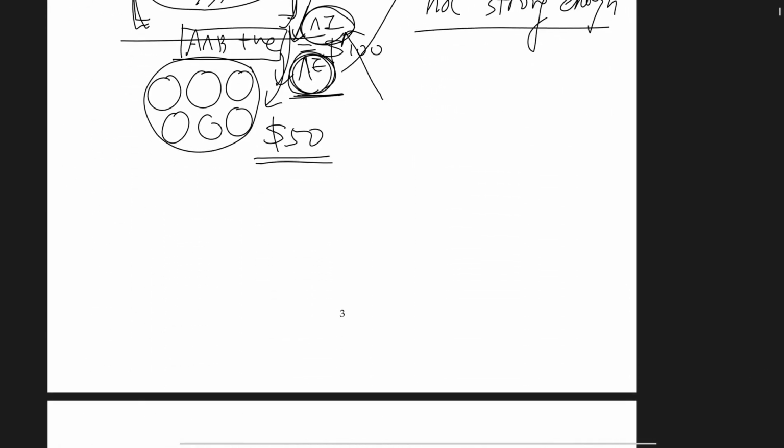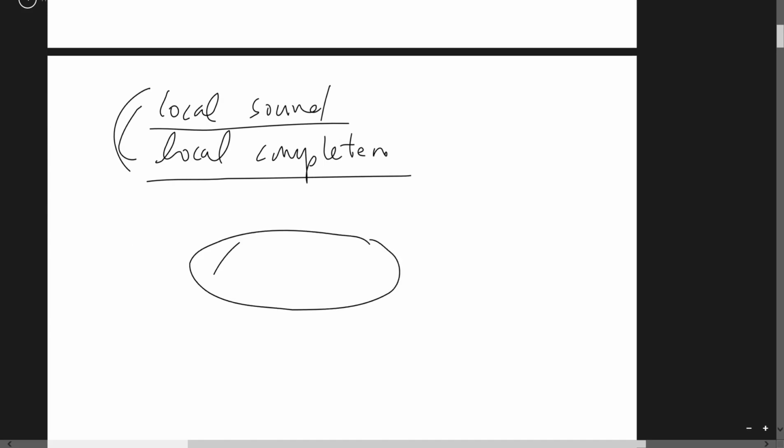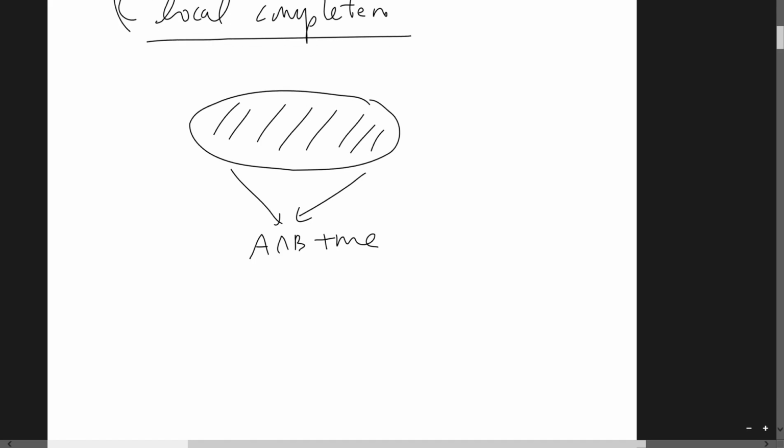And what happens if both local soundness and local completeness hold? If these two properties hold, then say you start with this amount of knowledge, and then you compress this knowledge into a single judgment, let's say A conjunction B true. Thanks to local soundness, all these new judgments that you obtain by applying the elimination rule are sound.